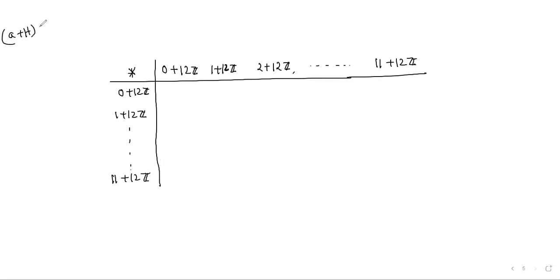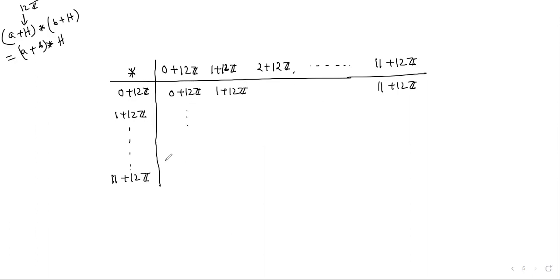Now you can use this operation: A plus H star B plus H gives you A plus B plus H. Here H is equal to 12Z. So you can write it as 0 plus 0 plus 12Z, then 1 plus 12Z, and lastly 11 plus 12Z, and so on.